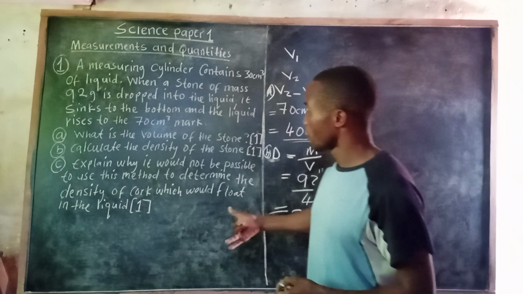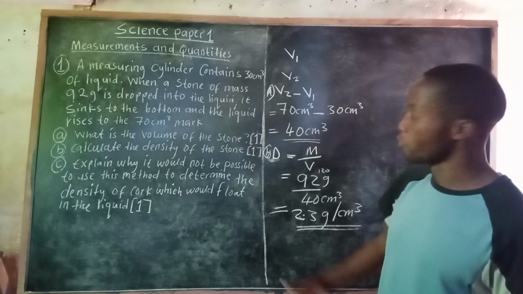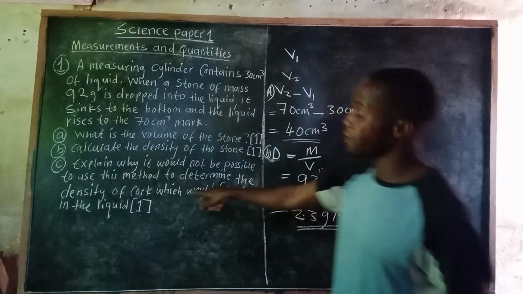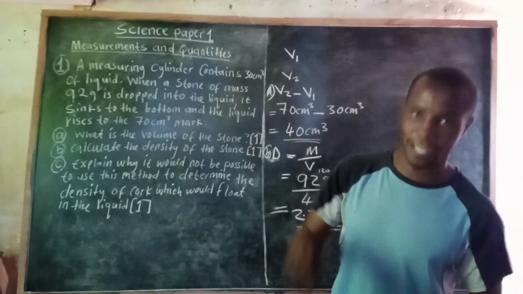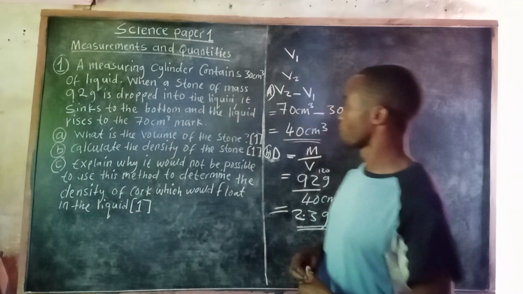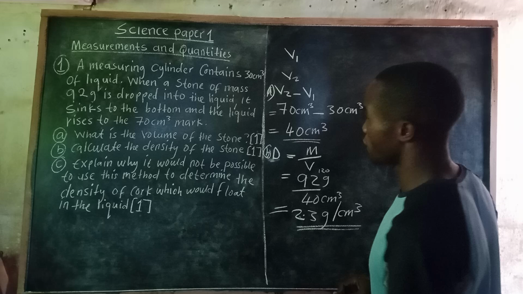So that one is causing us not to use this particular method to find the density of the cork, which can't sink in the liquid. So we are going to put this one like this.